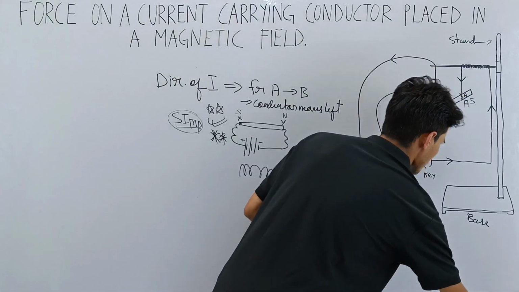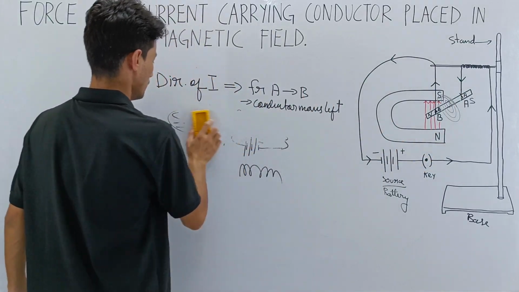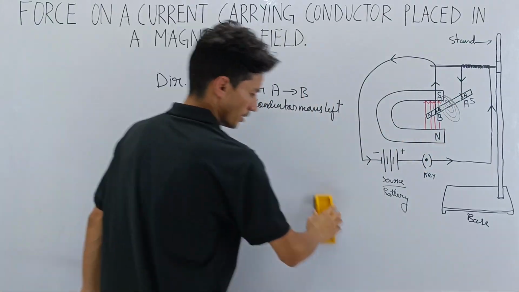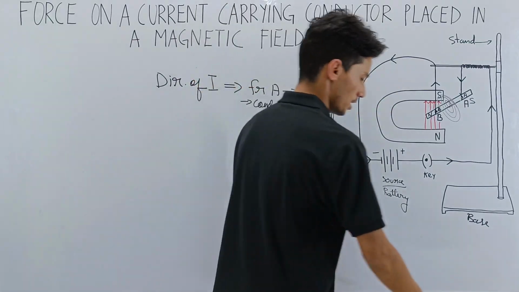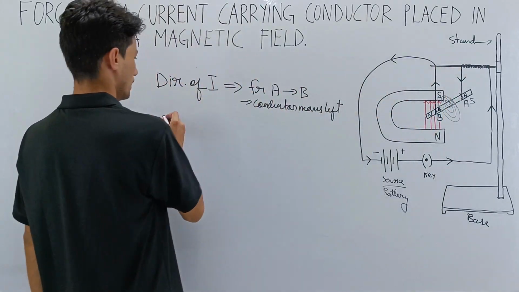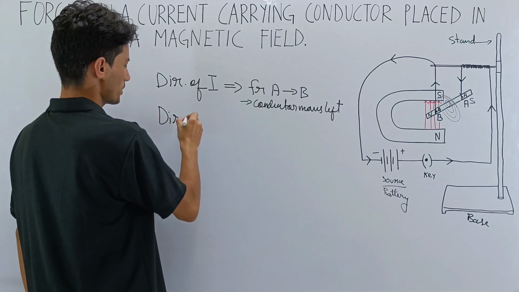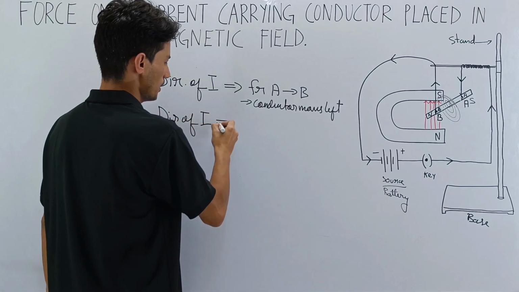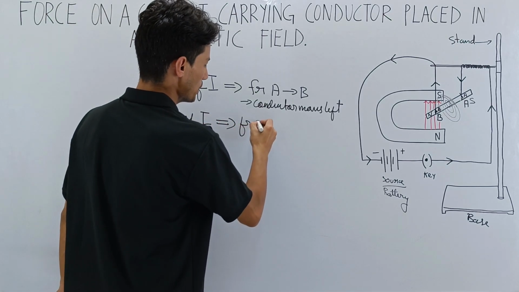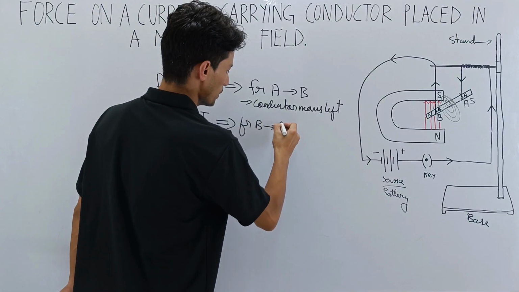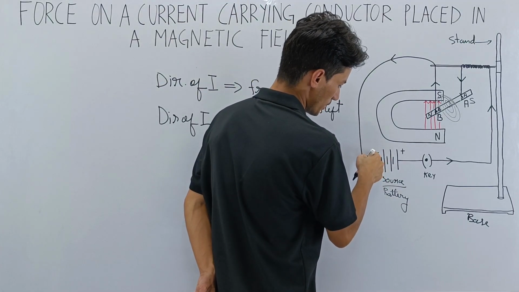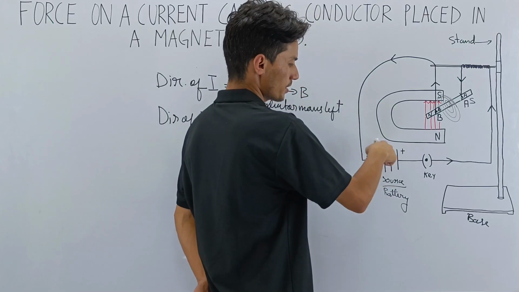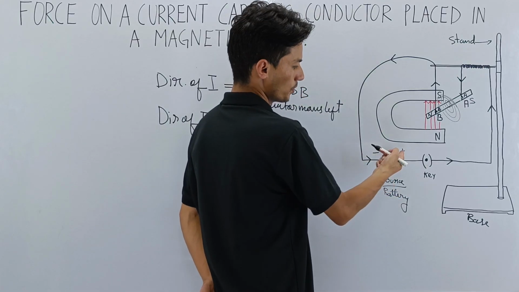Now what we will do is change the direction of current. Let's make it move from B to A. So I'll not erase anything, but now I'm telling you we will change the direction of current.